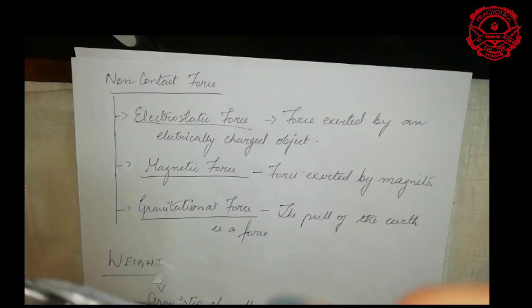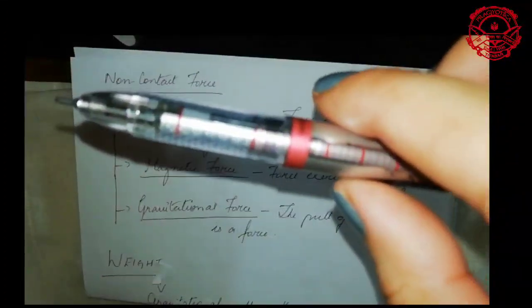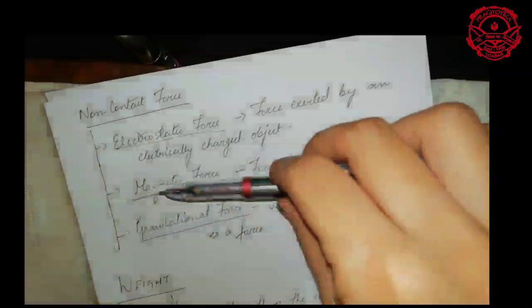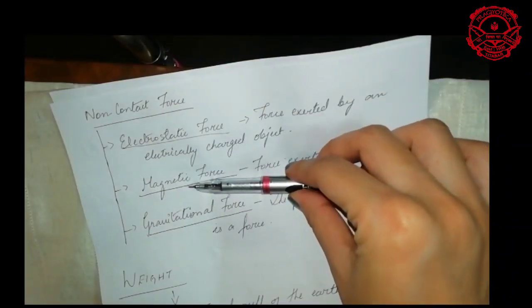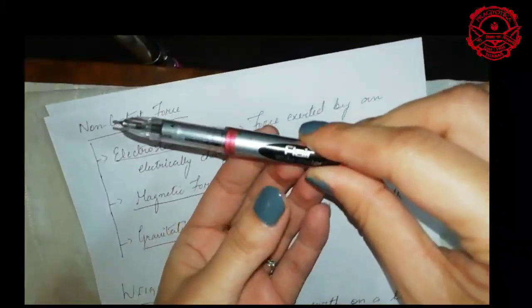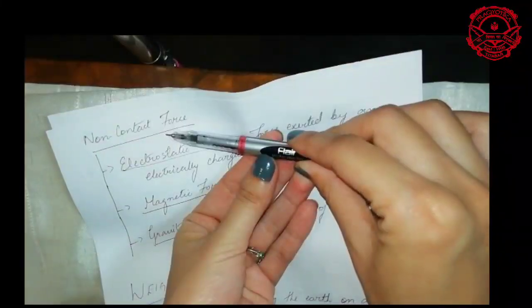If I have a pen and it starts falling, it always falls towards the earth. Suppose this is the ground, earth. Whenever I drop this pen, it always falls towards the earth. Why is that so? Because the earth pulls it down. When it falls, the earth pulls it towards itself.